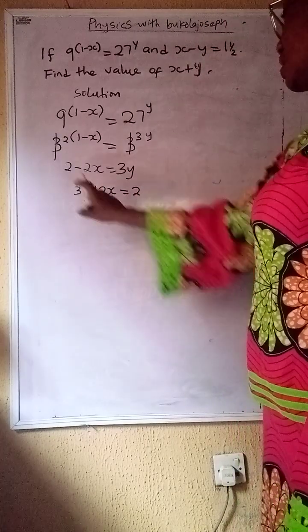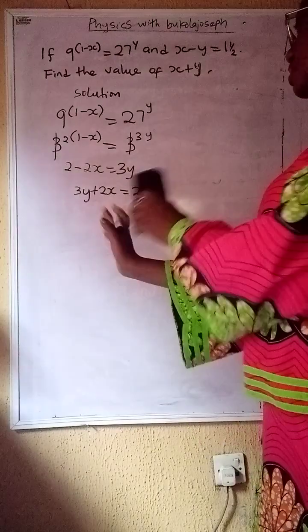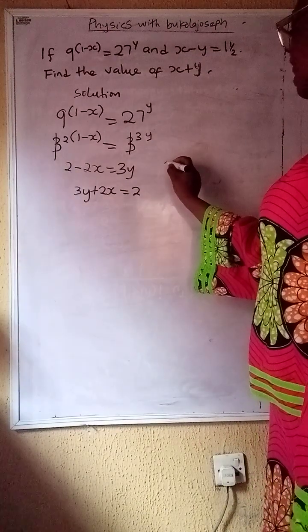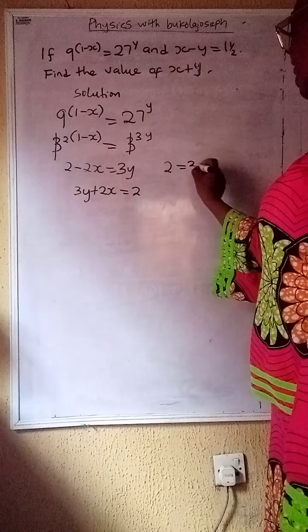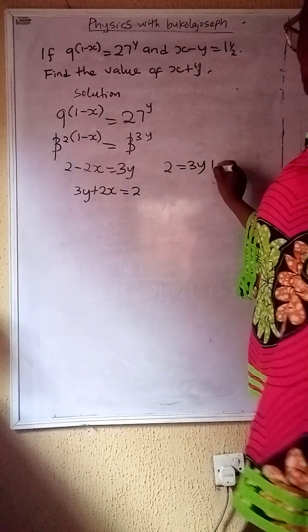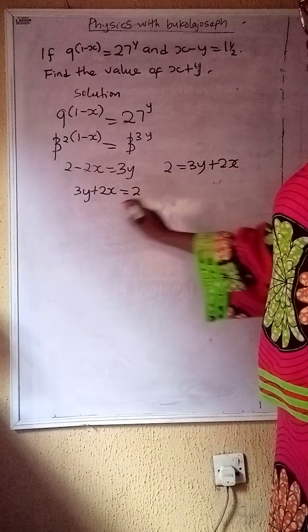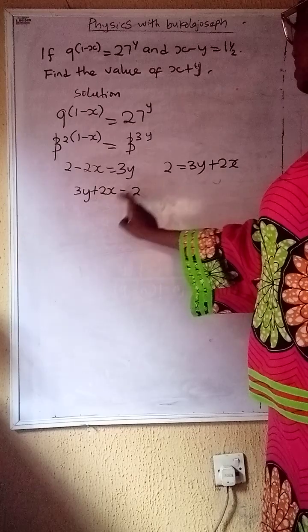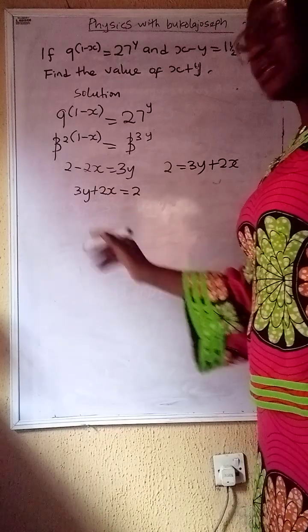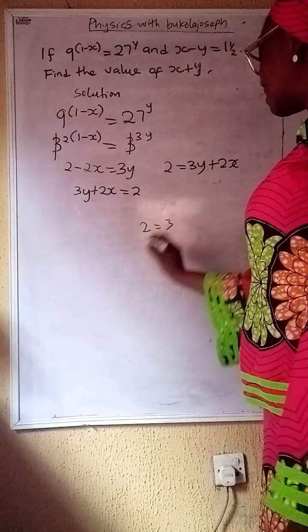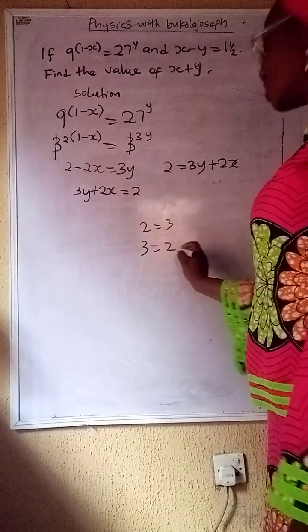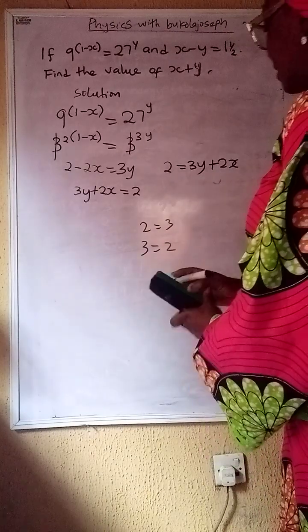I hope you understand. We just swapped it. It's the same thing, like if you have 2 is equal to 3, I can easily swap and say 3 is equal to 2.